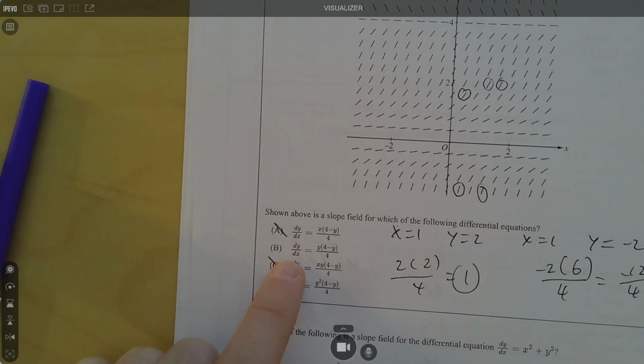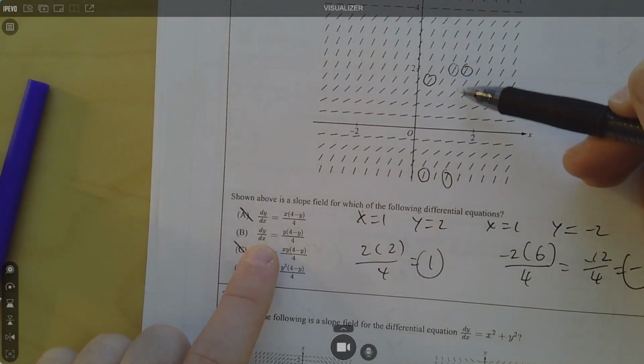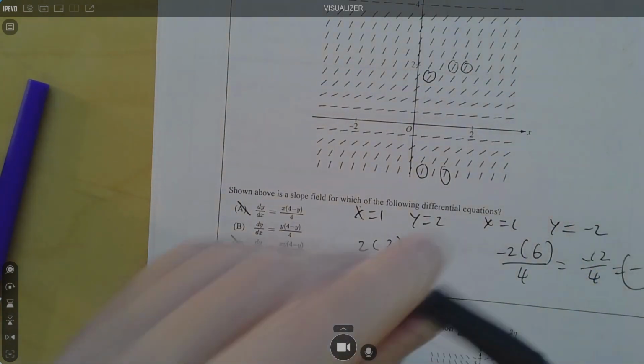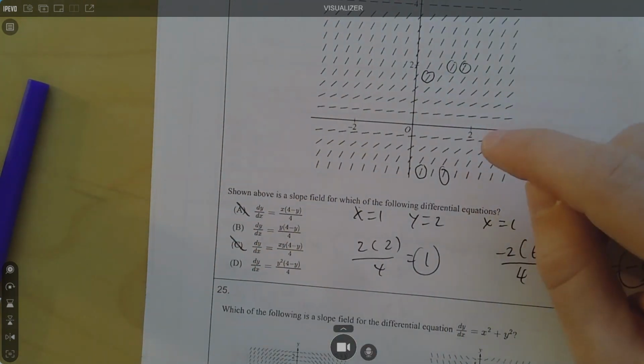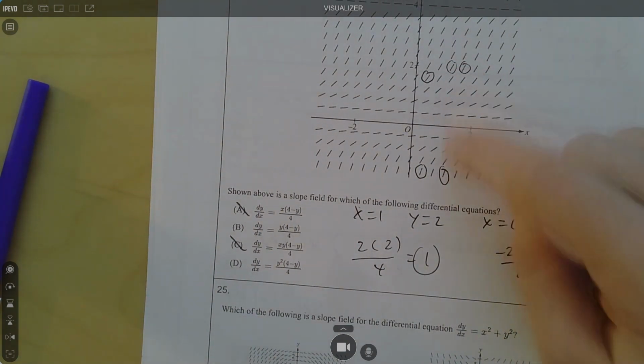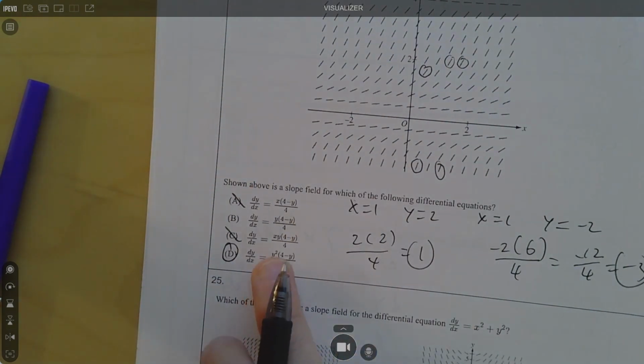If it was b, if I change my y positive and negative, the sign should flip, right? Because this would indicate that it would be positive here and negative here. But since they're both positive, like y equals 2, y equals 1 and y equals -1, that indicates that it must be d. Because when I square it, that'll make it positive the whole time.